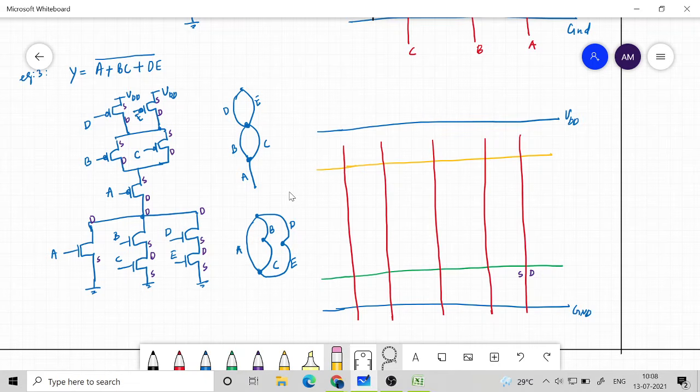I am not able to find a solution for this. So what I will do is exchange this and try. This I will make as DE, and this I will make as BC. I just exchanged it. BC are in parallel, D and E are in parallel.